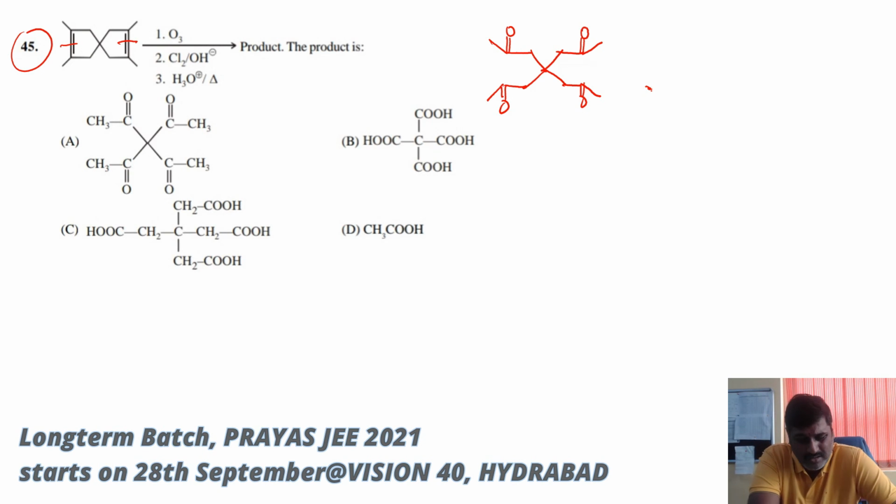What next? Next, that is treated with Cl2, HO minus in certain indexes. This one is COCH3. This is the place where there is chance of mistake.